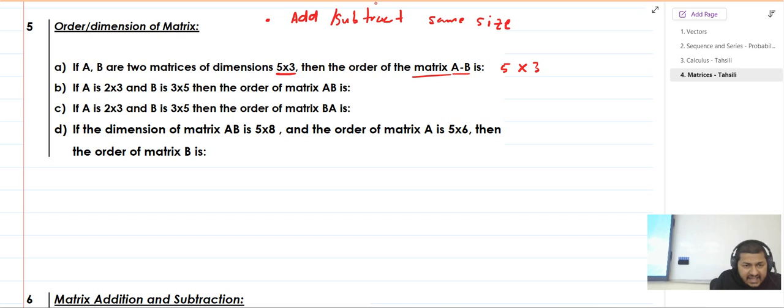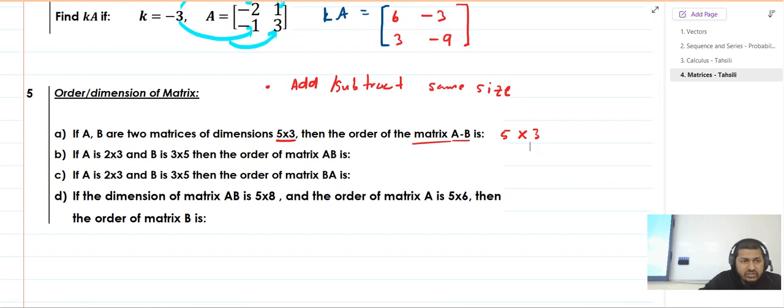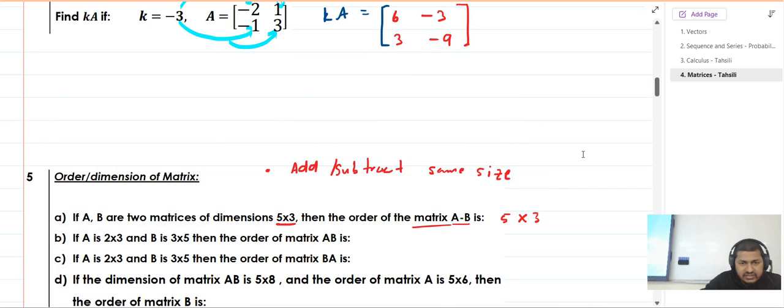If matrix A is 2 by 3, now what's the rule for multiplication of matrices? That's what we need to check. For multiplying matrices, the inside entries need to be the same. Remember, for multiplication, that's the only difficult part, right?